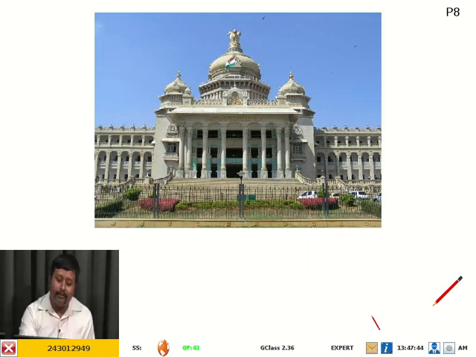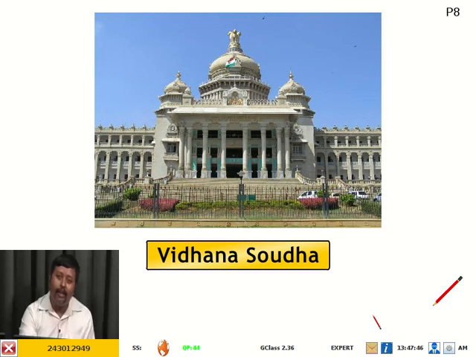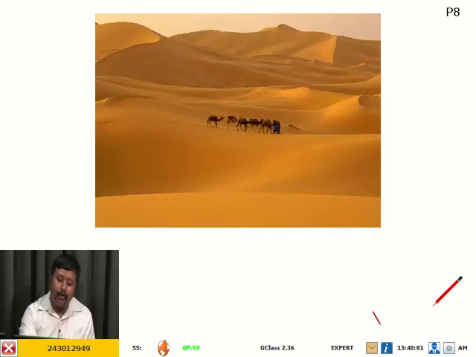What's that? It's called Vidhan Soudha. Now what kind of thing is Vidhan Soudha? Vidhan Soudha is a government building in Karnataka. It is a government building in the state of Karnataka, and its name is Vidhan Soudha. Okay? Okay. Now next, what do we have? What is this? It's a desert, right?